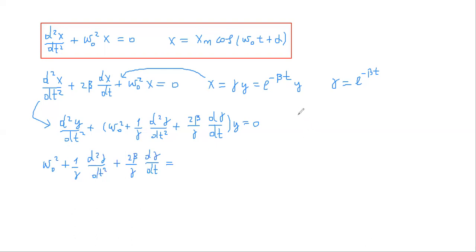To do this, let's find that 1 divided by gamma is equal to 1 divided by e to the power of minus beta t.